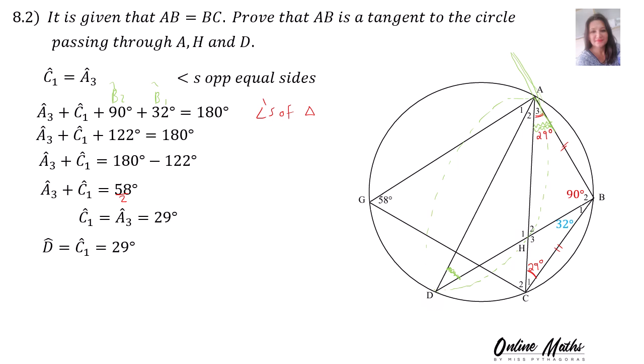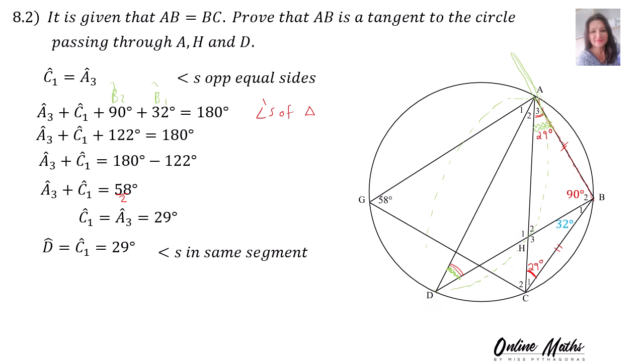Have a look. There's D equal to C1. Why? Can you see that this chord AB subtends both angles D and C on the circumference? So angles in same segment is the correct reason there. And then that's the answer.